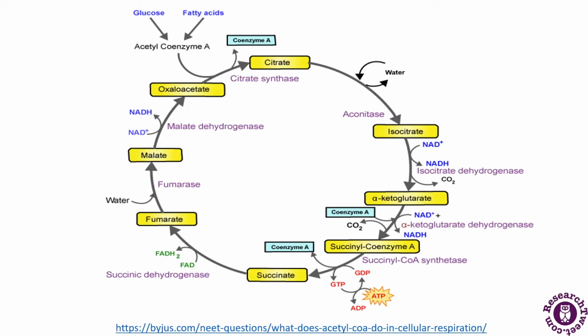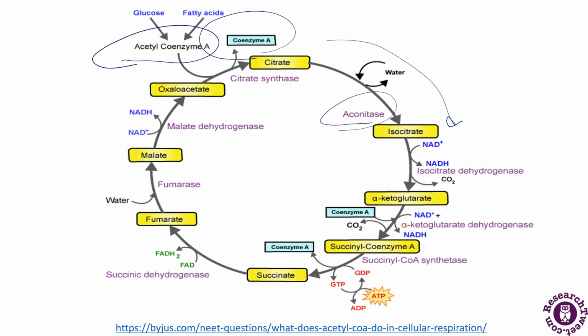Now this is the Krebs cycle. Here the acetyl coenzyme A is seen, which will be released in the form of coenzyme A. So let's discuss this cycle first. The cycle starts with citrate. The citrate gets converted into isocitrate through the enzyme aconitase.